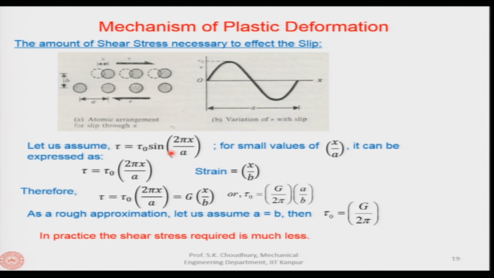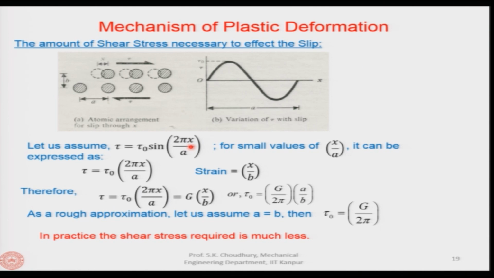This curve can be written as a sinusoidal equation in 2 pi x by a, because it is happening within the a. Now, x upon a, as you understand, is a very small value, because this happens in less than microns, of course. So, for small values of x by a, sine of 2 pi x by a can be assumed as 2 pi x by a.